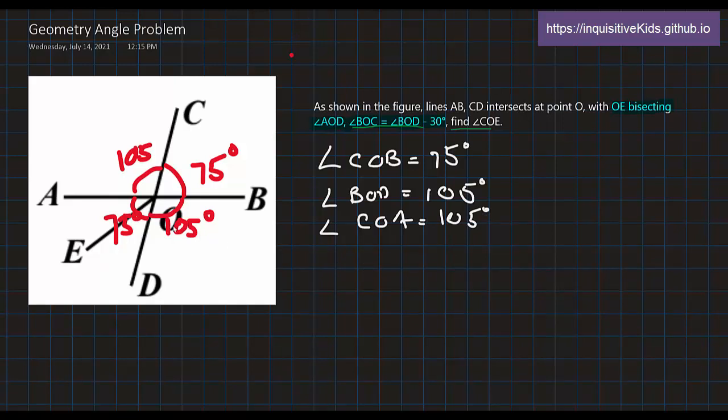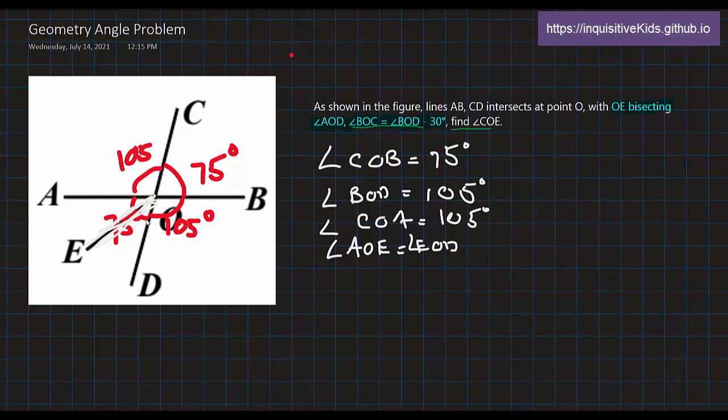And angle AOE is equal to angle EOD. Remember, because OE is bisecting this whole angle right here, that means its two small angles are equal to each other.